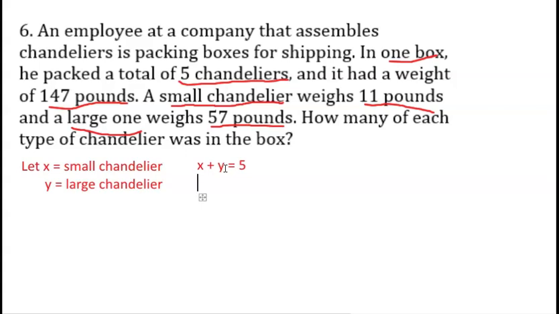The total weight was 147 pounds. And the small chandeliers were 11 pounds each, so 11 times X. The large ones were 57 pounds each, so 57 times Y, and it equals 147.